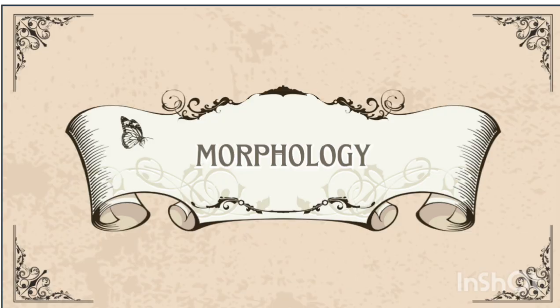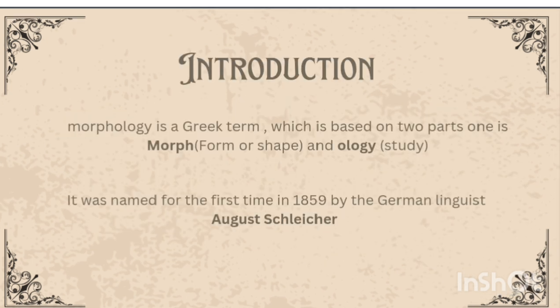So, firstly, we will see the introduction of morphology. Basically, morphology is a Greek word. Firstly, when we see a word, we have to see the meaning shown by the word.